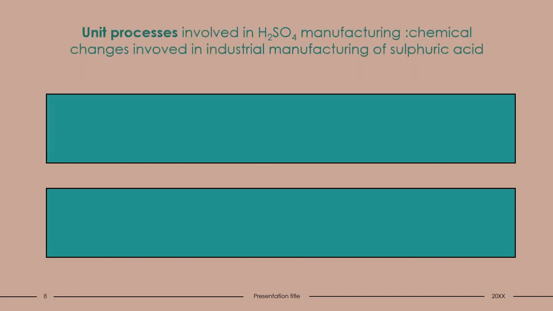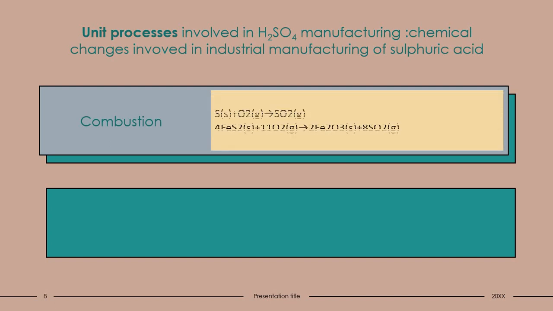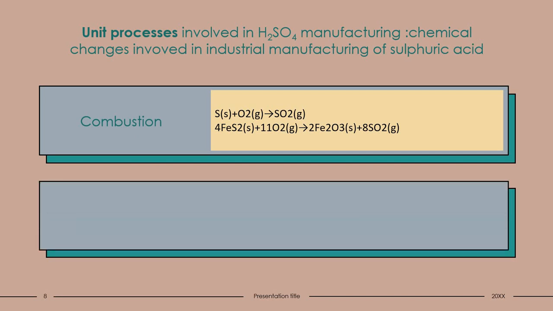Next are the unit processes, which are the chemical changes involved in the industrial manufacturing of sulfuric acid. First is combustion. The sulfur we collect from different sources is subjected to combustion, where sulfur dioxide is produced. Reactions are given there, which you can see in front of your screen. Next is catalytic oxidation.